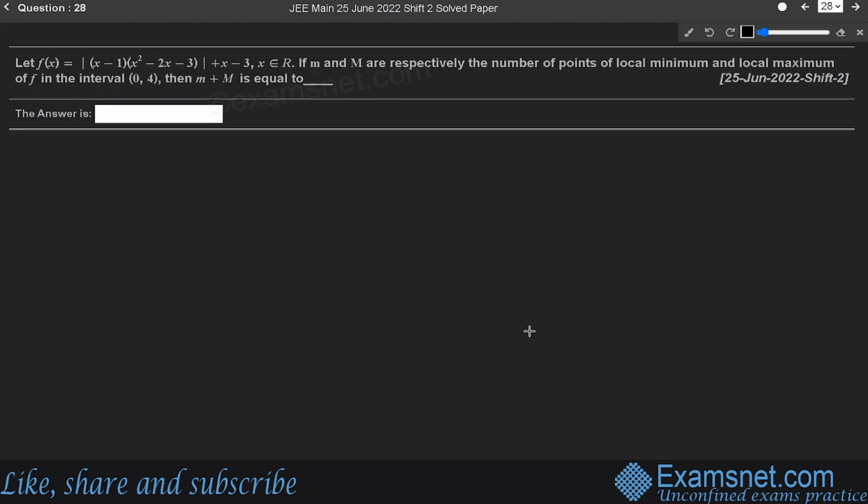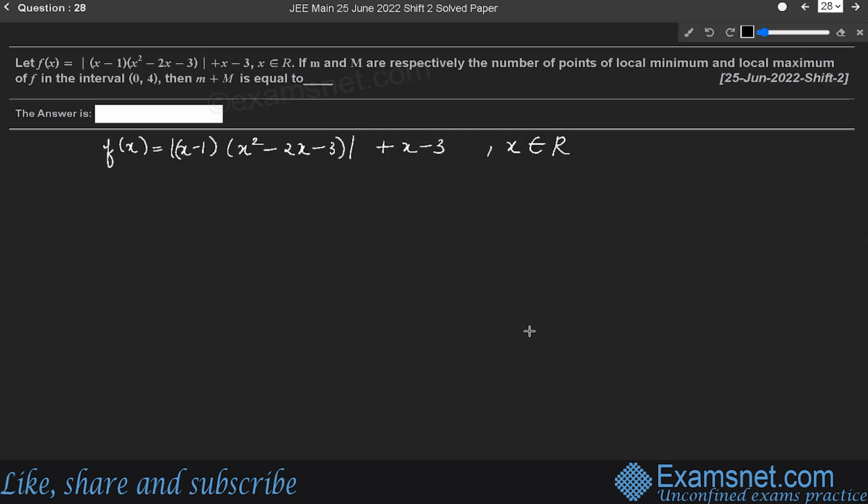Moving on to the next question. Let f of x be equal to mod of (x minus 1) into (x square minus 2x minus 3) plus x minus 3, where x belongs to R. If small m and capital M are respectively the number of points of local minimum and local maximum of f in the interval (0, 4), then m plus M is equal to.